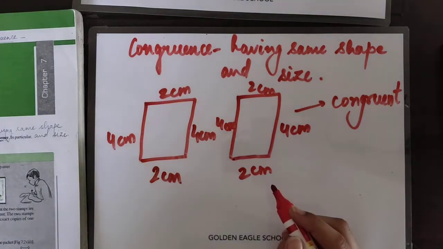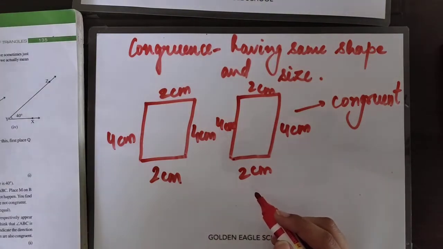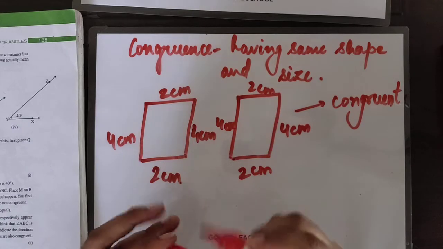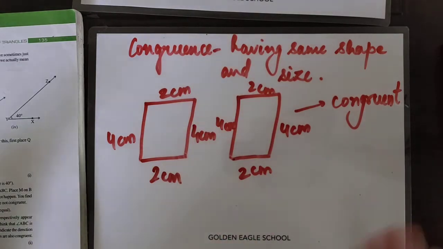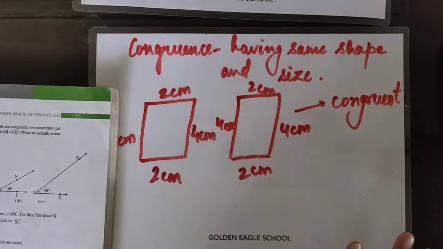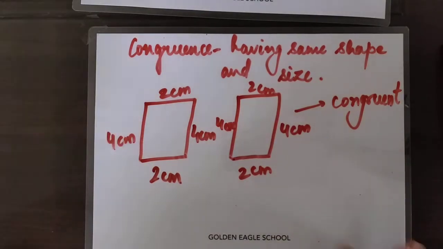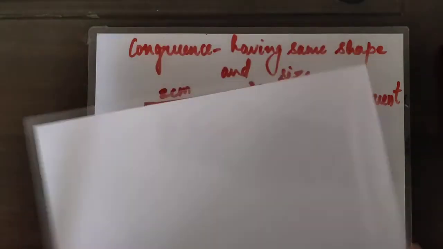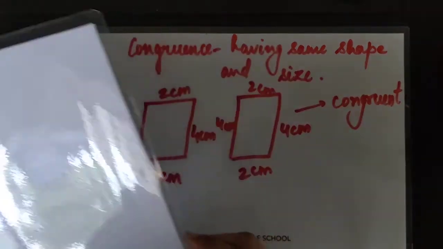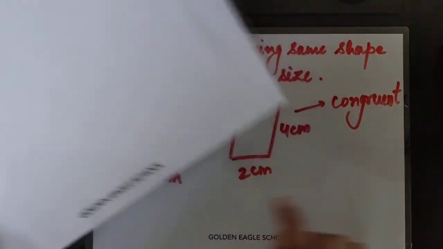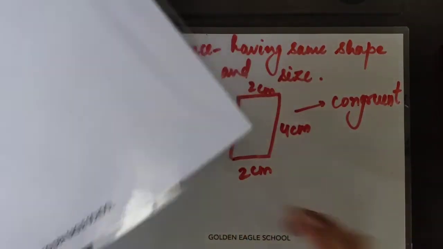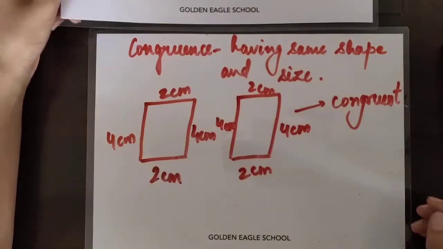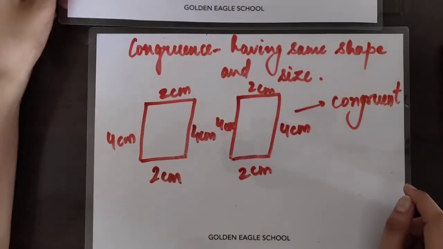So when we are talking about congruency, we will talk about congruence of plane figures. It can be any figure, like this sheet which is kept here, it is having the same shape and same size. Now how we'll come to know that both have same shape and same size?